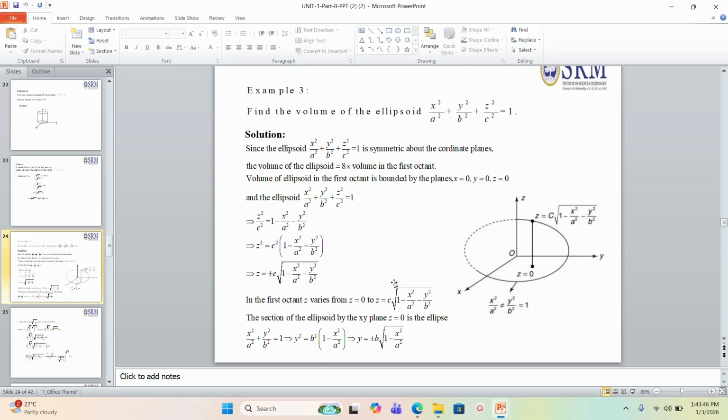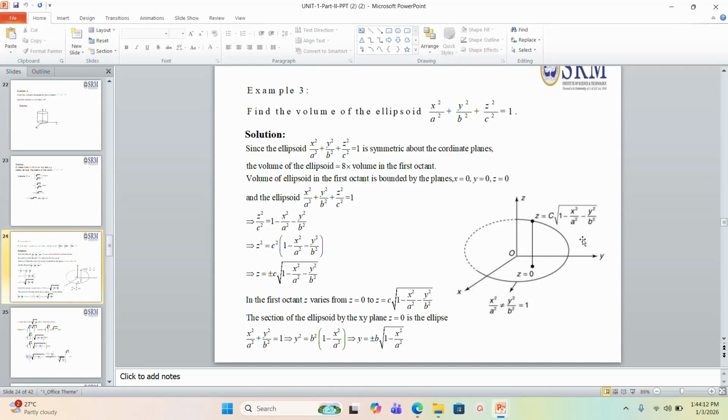Now we can go for the integration. Normally the volume is the triple integral of dx dy dz. So here it is the triple integration for the ellipsoid. It is in three dimensions, so there are 8 quadrants. First we find the volume of the first octant and multiply by 8, then we get the entire volume of the ellipsoid.